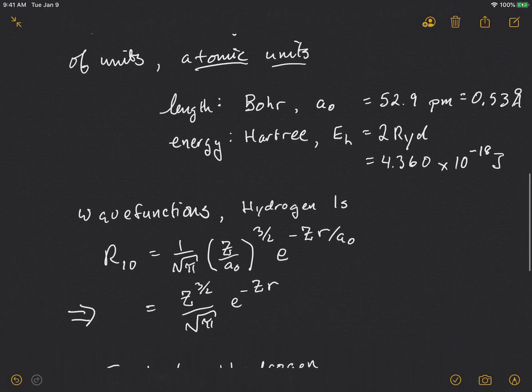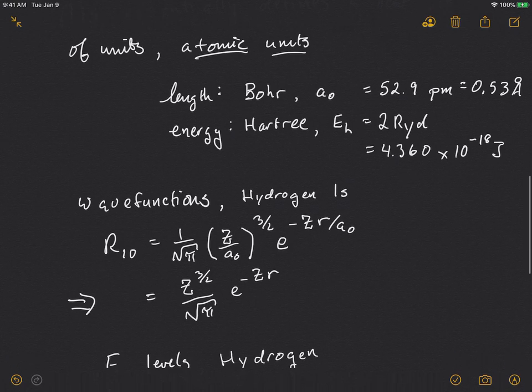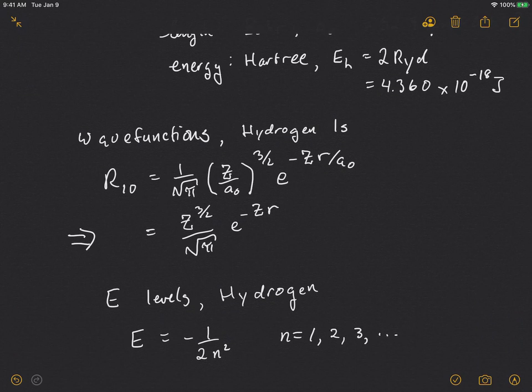When we convert to atomic units, this becomes z to the 3/2 over square root of pi. We've essentially gotten rid of a0 by setting it equal to 1, and our exponential part is e to the minus zr. So it drastically cleans that up.